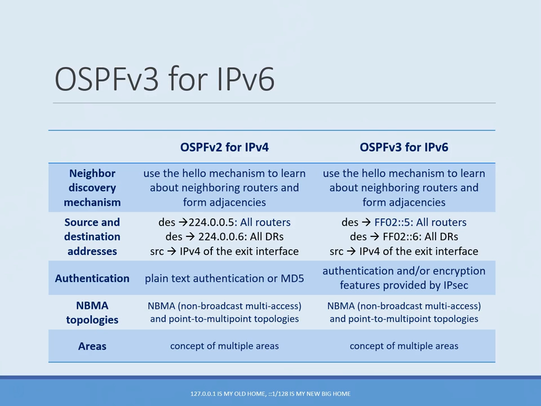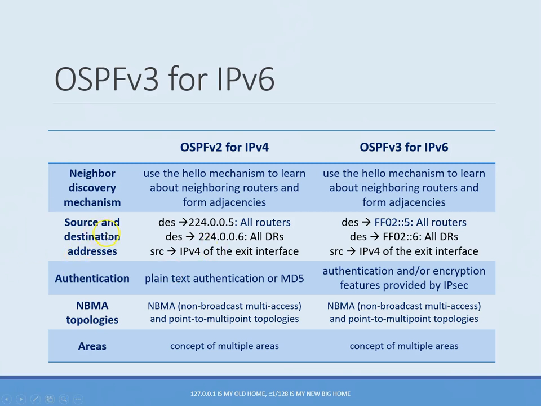However, in OSPFv3 there is no same-subnet requirement to form a neighbor adjacency as in OSPFv2. This is because neighbor adjacencies are formed using link-local addresses, not global unicast addresses.